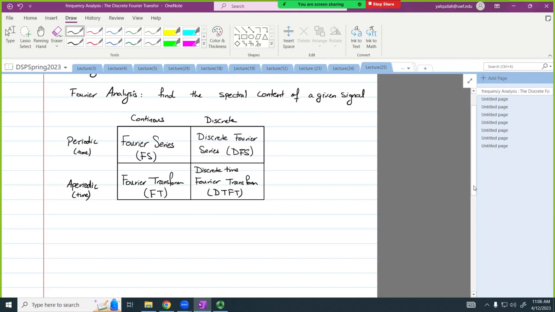Now we're going to review all these and refresh on what each one means. But what is our objective in this part of the course? We're going to be introducing a new tool that we're going to call discrete Fourier transform.